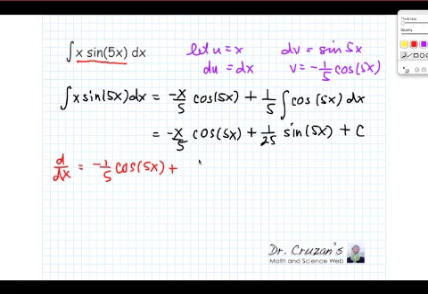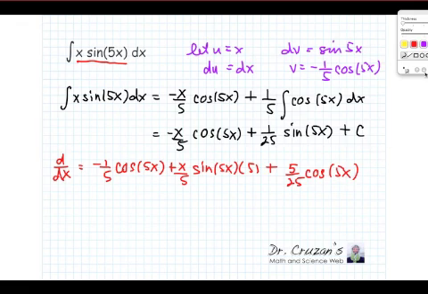Plus, well, it's going to be minus actually, minus x over 5, well, it would be plus again because I have a negative sign, sine of 5x times 5, and then taking the derivative of this part, it's going to be 5 over 25 cosine of 5x.